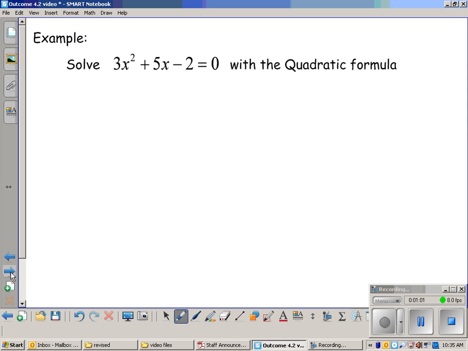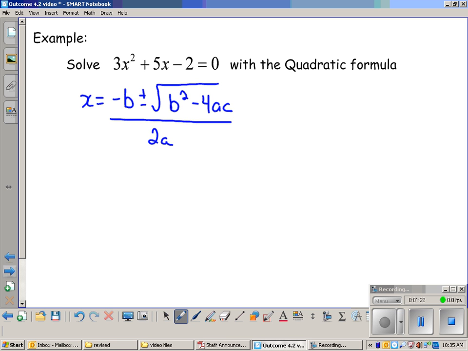Solve 3x squared plus 5x minus 2 equals 0 with the quadratic formula. So let's start by rewriting our quadratic formula. X equals negative b plus or minus the square root of b squared minus 4ac all over 2a.